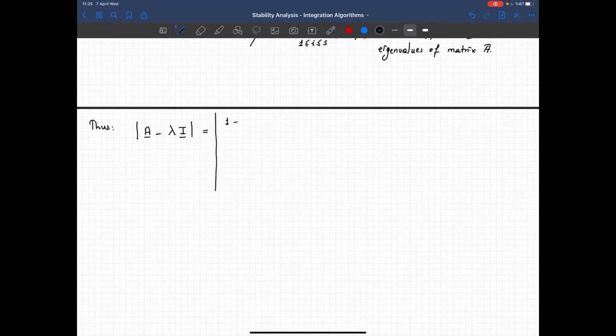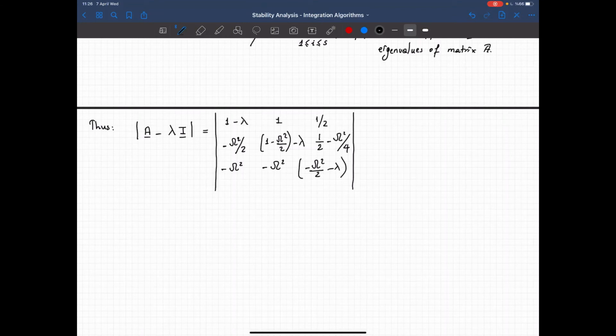I have 1 minus lambda here, 1 over 2, minus omega square over 2, 1 minus omega square over 2 minus lambda, 1 over 2 minus omega squared over 4, minus omega squared, minus omega squared over 2 minus lambda, and this should be equal to 0.